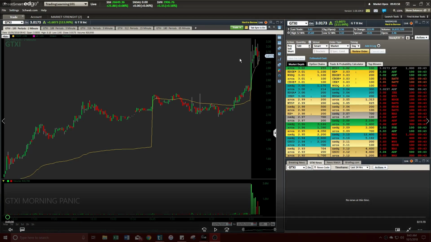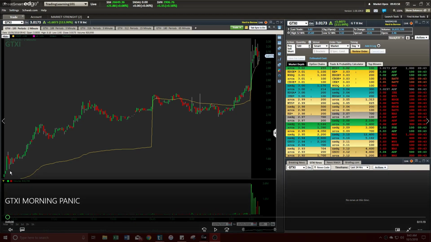GTXI. This recently had a big gap down from $20, and it gapped down to the $2 area. Since that gap down, I've had this on my watch list for any possible momentum to come into this and move up. And this was the first day this started to get volatility and get volume and make a move up.